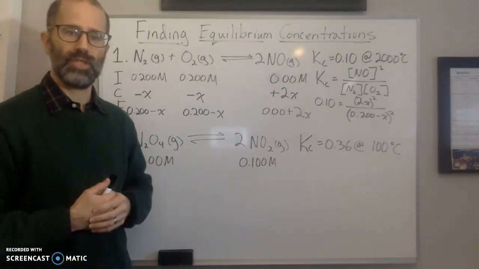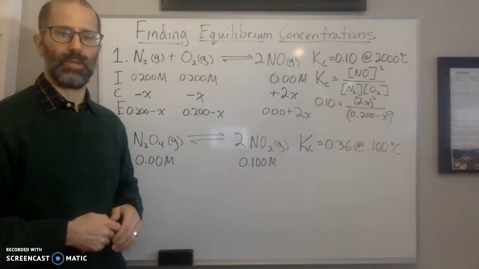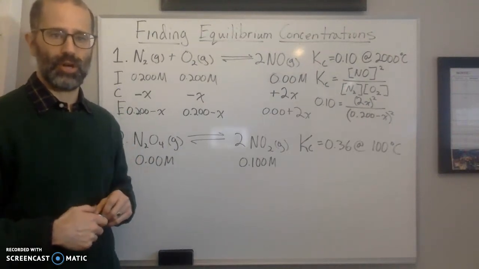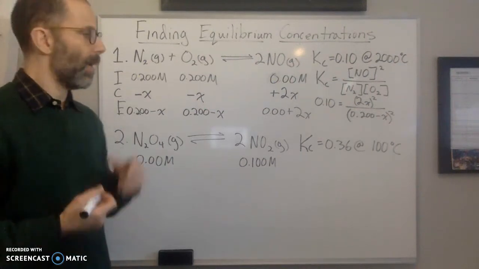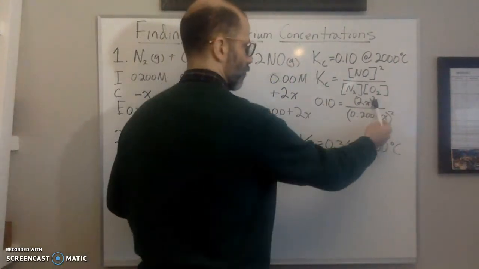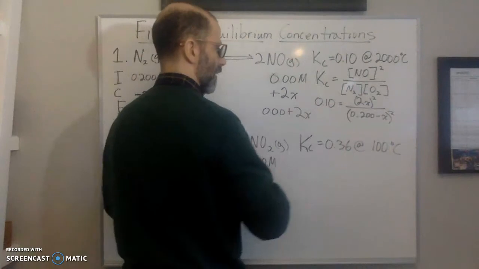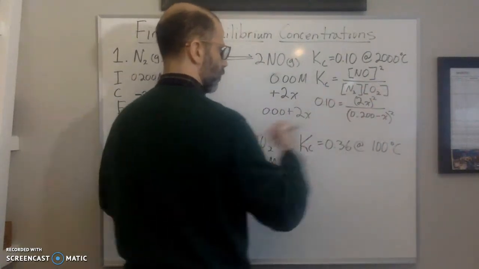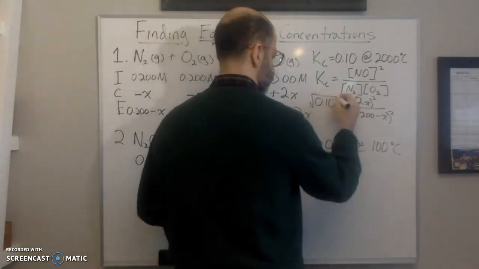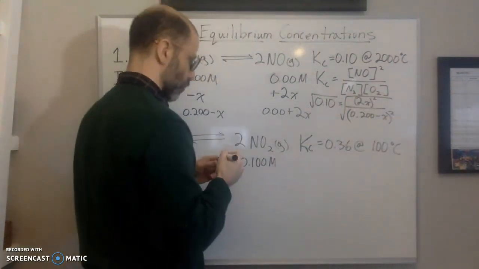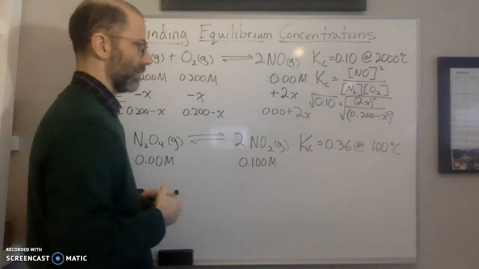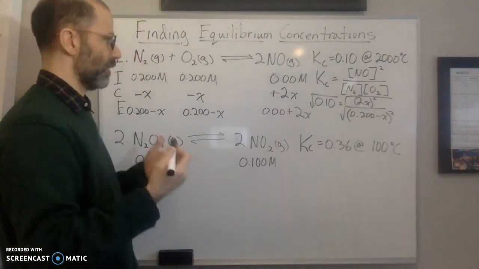Sometimes you're going to have to use the quadratic formula. That'll be in the next problem, I'll show you that. But sometimes you don't. In this one, it turns out we don't have to, because I can get rid of the square by square rooting both sides. So I can take the square root of both sides, and I can get rid of the square, and then at that point it's just algebra.